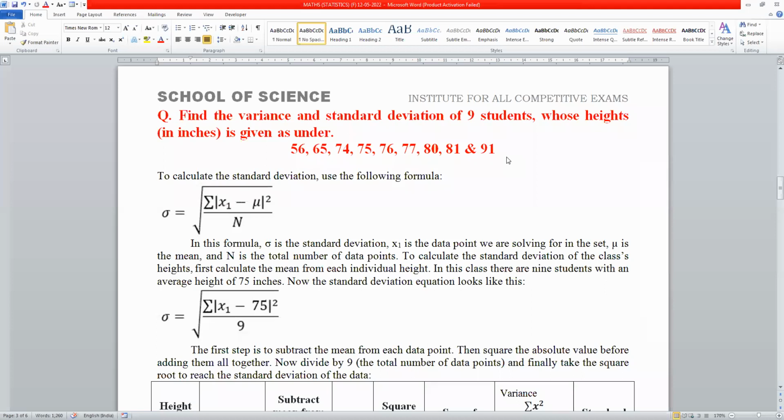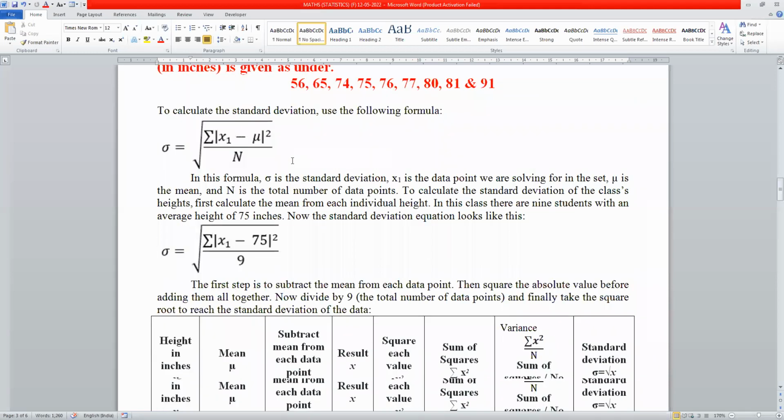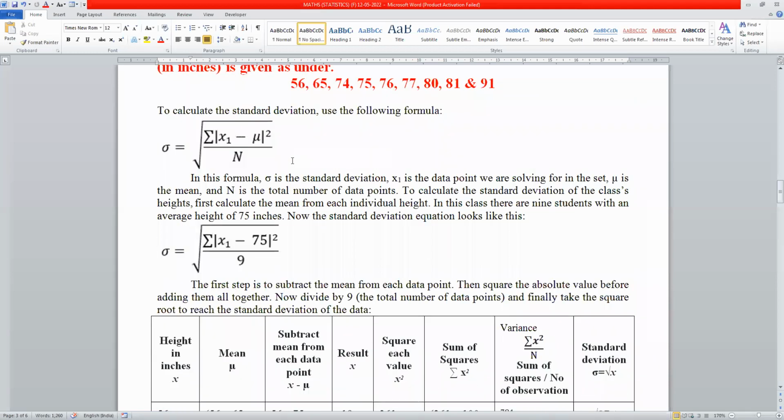Find the variance and standard deviation of 9 students whose heights in inches are given as under: 56, 65, 74, 75, 76, 77, 80, 81, and 91. You have to find the variance and the standard deviation.